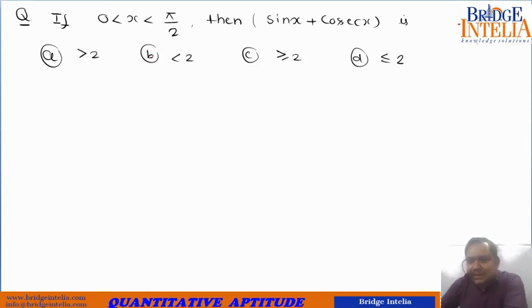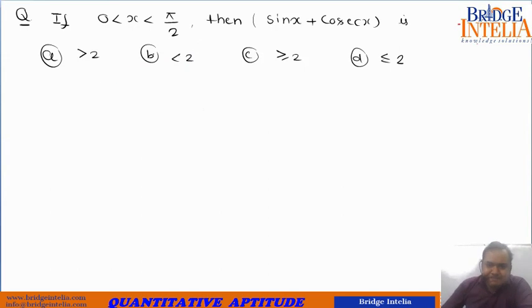Now you see, the biggest indicator of when you are supposed to apply this concept is that the question talks about greater than, less than, greatest value, minimum value. Then rest assured that this is a case where you have been asked to apply the arithmetic mean, geometric mean inequality, because all the options are of this nature, greater than, less than. So this is a perfect case where we can apply that.